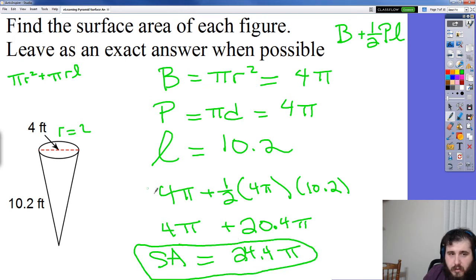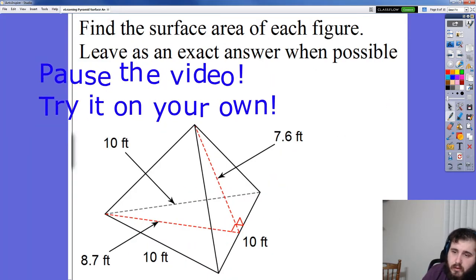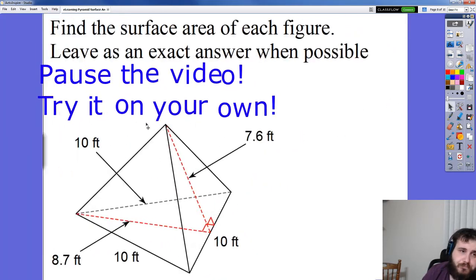Again, especially since the directions say to leave as an exact answer, there's no reason to try and chug through pi in the calculator. Just leave it out, multiply all the numbers, and then leave out everything but the pi. Put it out here, and then just add. Don't make life hard. Make life easy. All right, here's another one. Try it out. See if you can get it.